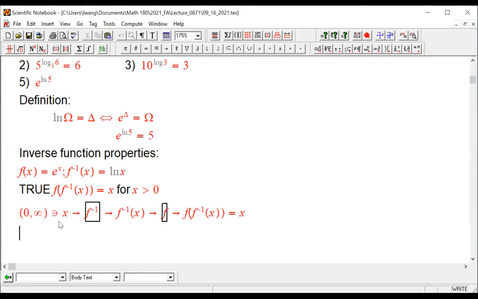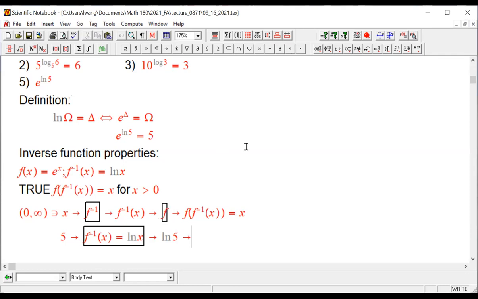So when we see this, let's see if the input is 5. 5 is positive. So we apply the f inverse function, and what do we get? We get ln 5, just plug in 5. And ln 5 will serve as the input for f.